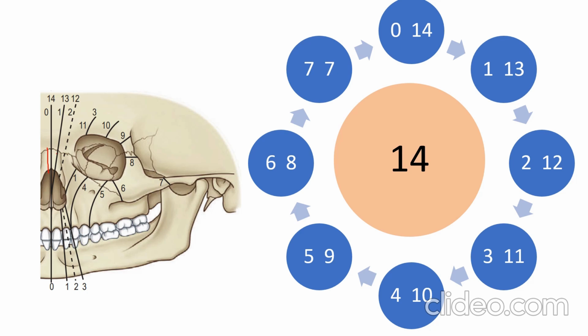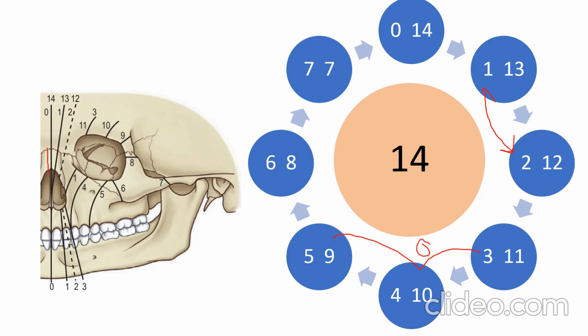Next comes the paramedian cleft. This is 1, 2 and clefts number 12 and 13. So 1, 2, 12, 13 make the paramedian cleft, and we can see here these both are paramedian clefts. Coming to the next one, 3, 4, 5, 9, 10, 11 make the orbital cleft.